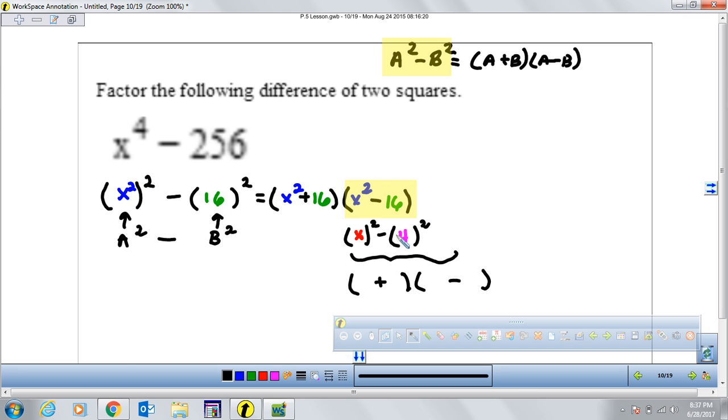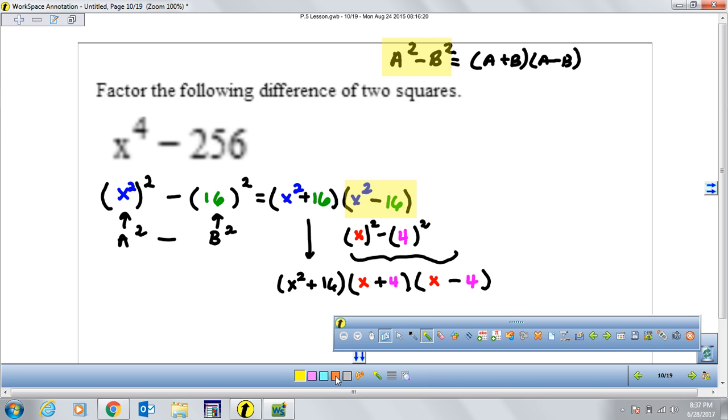This is a squared minus b squared, x squared minus 4 squared. So that means that my solution for this will be a, which is x, plus b, which is 4, times a, which is x, minus b, which is 4. And don't forget to bring the other factor down, which is the x squared plus 16. And this concludes this problem. We cannot factor anything else.